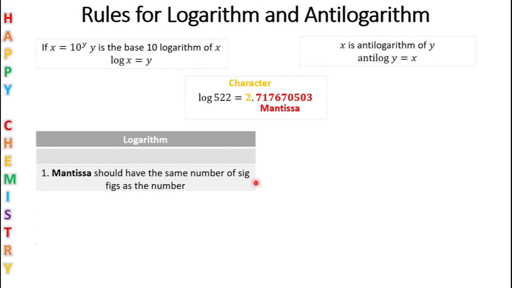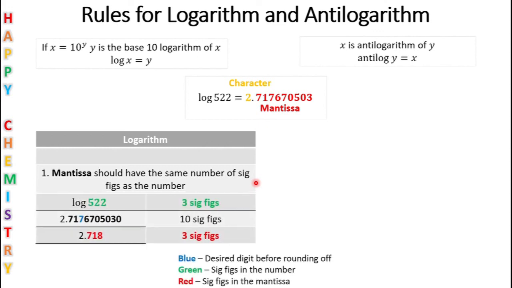Let's look at an example. Let's take log of 522. Log of 522 is 2.7176705030 or beyond.